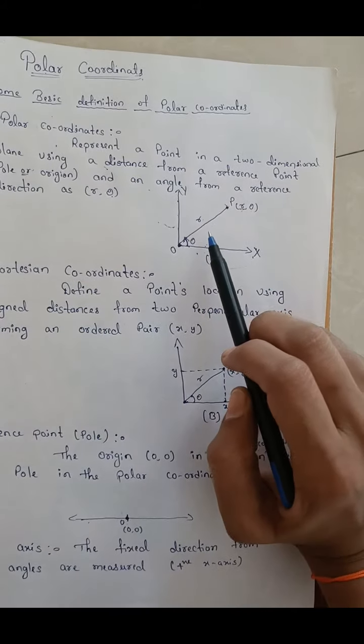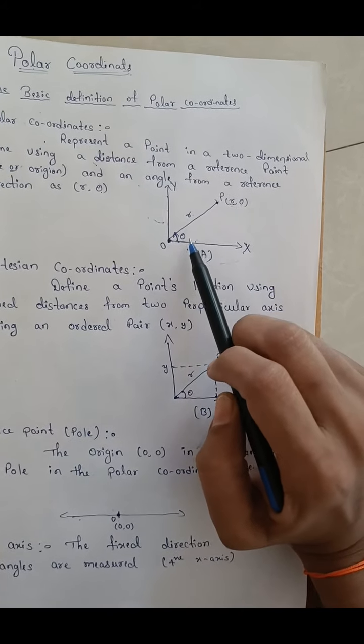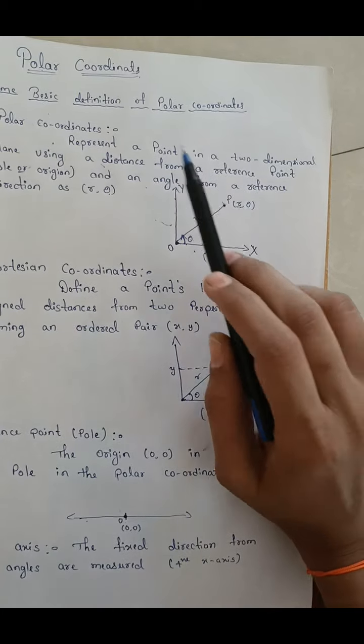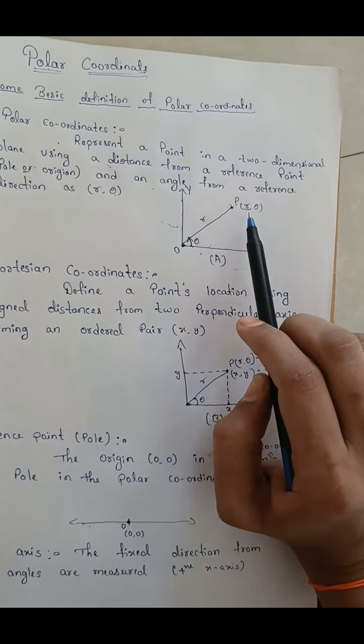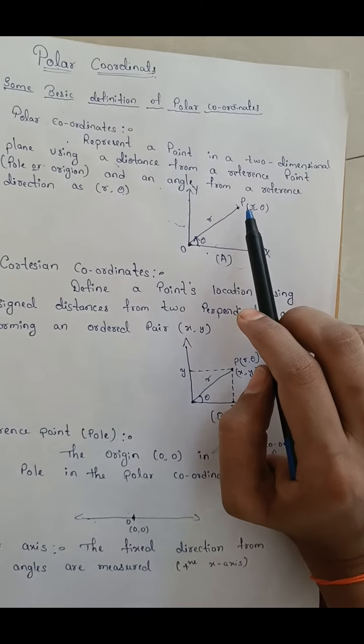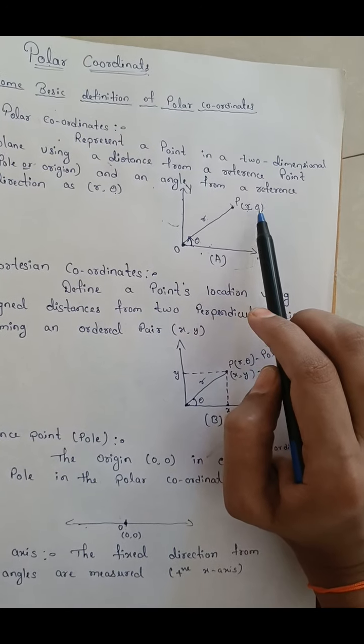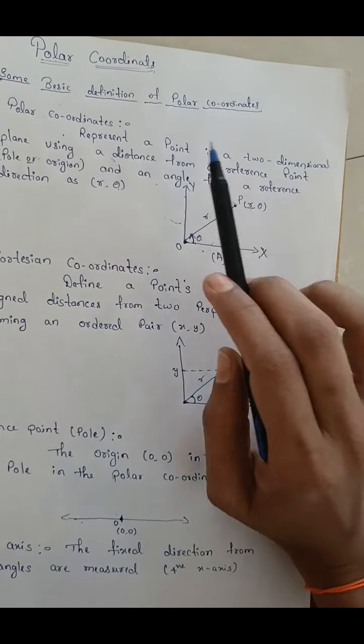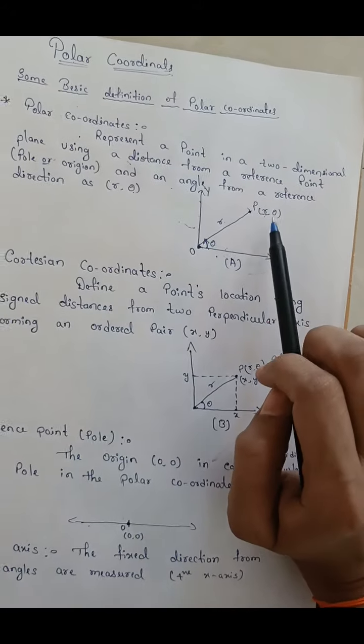A polar coordinate has a distance and a particular direction in an ordered pair. Then it is called polar coordinates. Polar coordinates have a radius and an angle. Radius is nothing but a distance, and then angle. Then it is called polar coordinates.